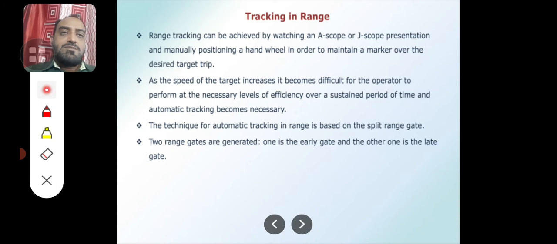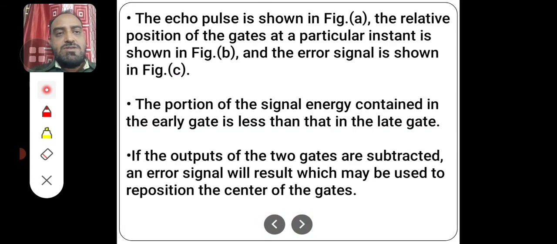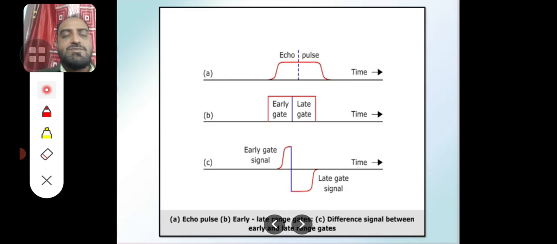Now, the technique for automatic tracking in range is based on the split angle range gate. In this, two range gates are generated. One is the early gate and another one is the late gate. These two gates, as shown in the figure, help you to identify the error signal.